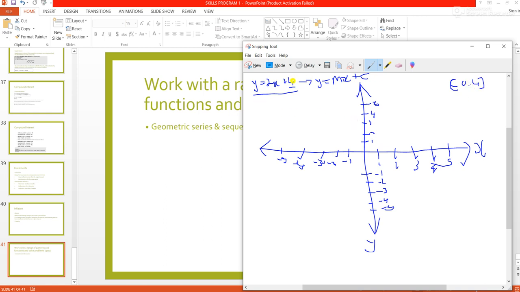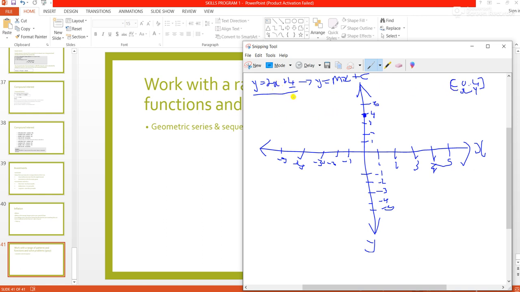This is the constant coefficient, which is the number 4. So we can plot it on our Cartesian plane. This is x, and this is y. Within our Cartesian plane, we will plot where x is 0 and y is 4.